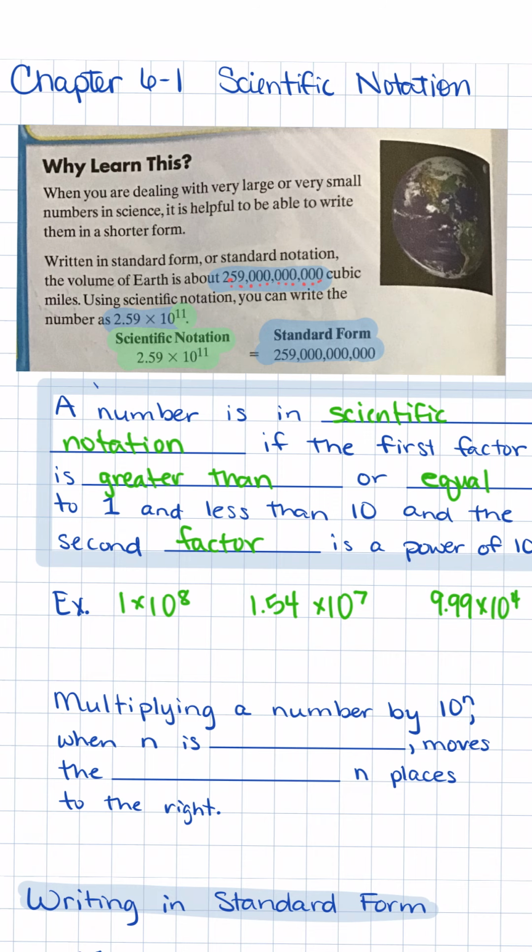So multiplying a number by 10 to the n power, this n just means that we're not sure what it is.